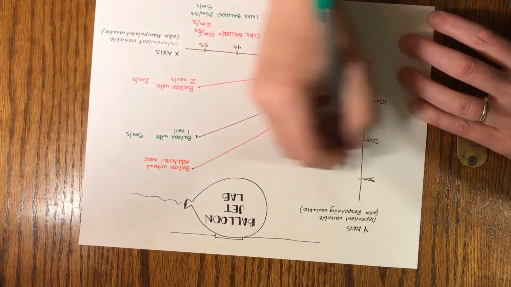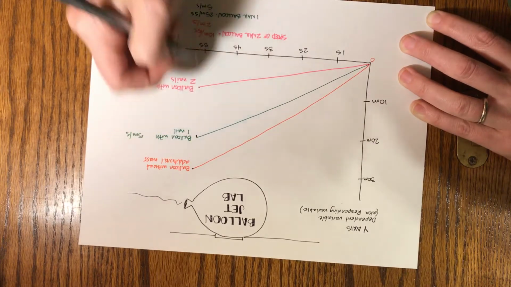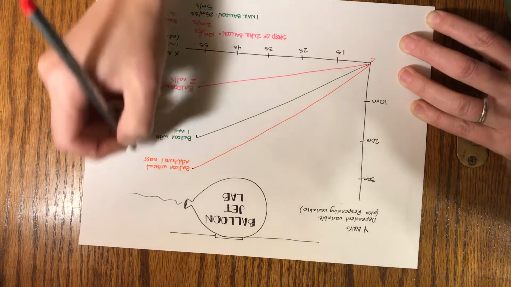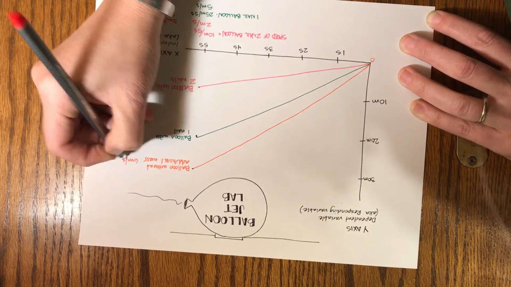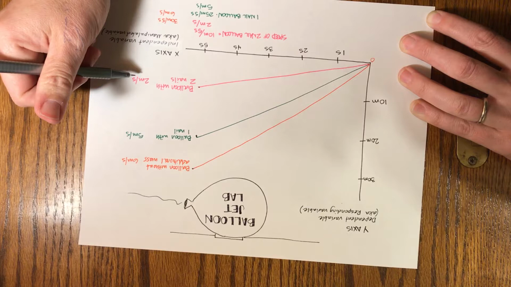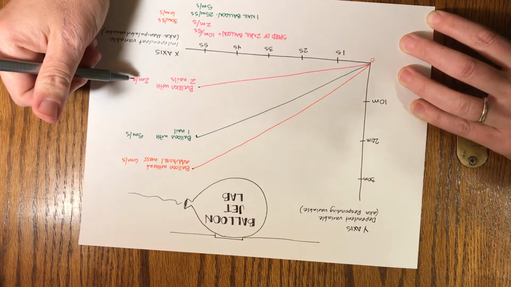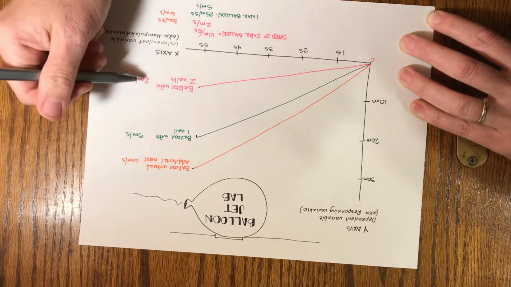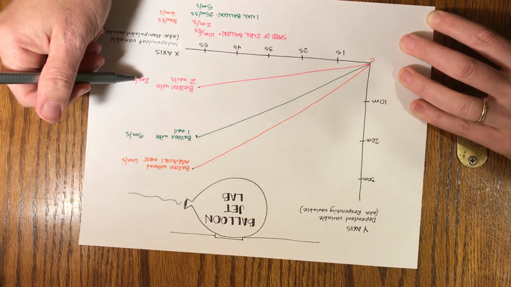The balloon without any additional mass went 30 meters in 5 seconds. We can do that. 30 meters in 5 seconds simplifies to 6 meters per second. So these aren't exact, but they do serve to indicate that the more mass something has, the slower it goes, the less it accelerates.